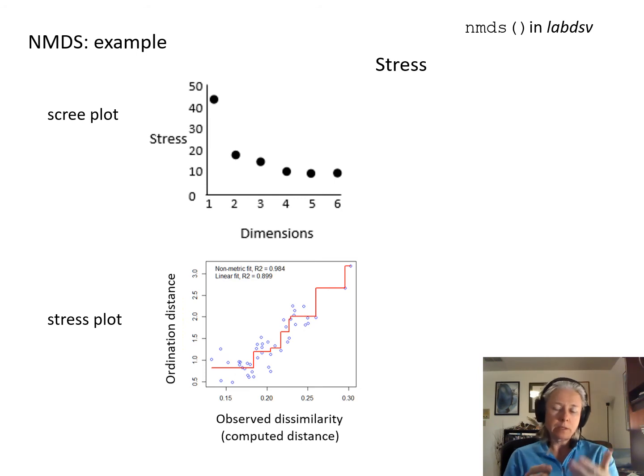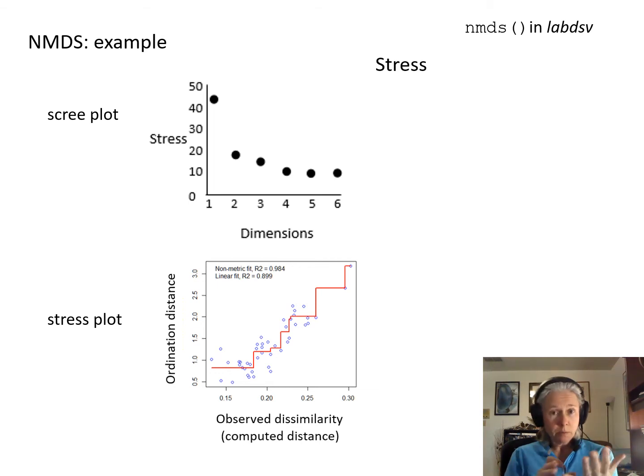In this example, the regression line is in red and the points are in blue, and so you're looking for a tight relationship between the points and the line. That indicates that the reduced number of dimensions from the ordination does a good job of representing the original dissimilarities of the data. This example looks okay in this stress plot.